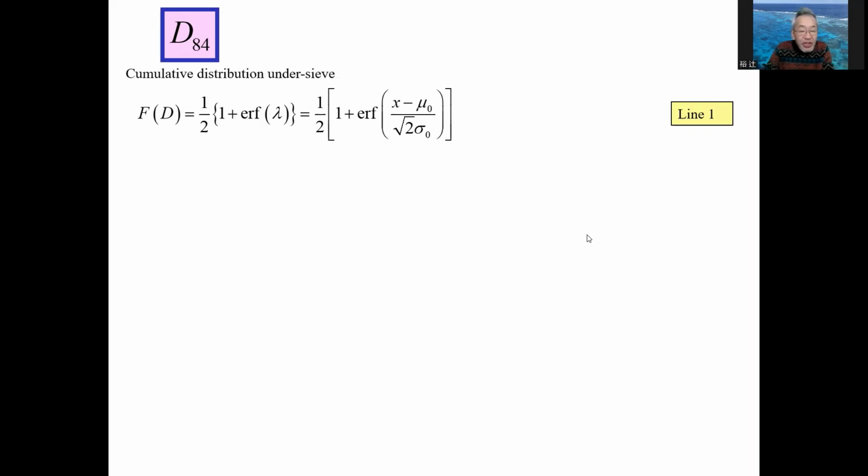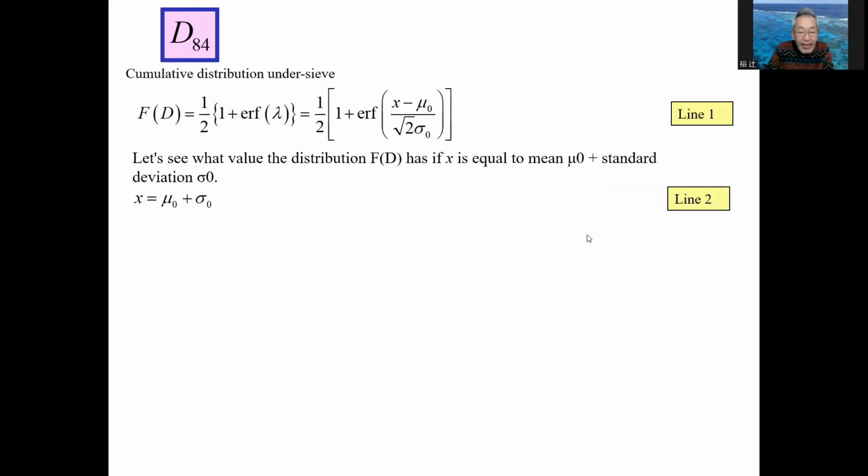The derivation procedure is the same as in the case of normal distribution. First, the cumulative undersieve distribution Fd shown in the last part of the previous page is shown on the first line. Let's see what value Fd takes if x is equal to mu 0 plus sigma 0.